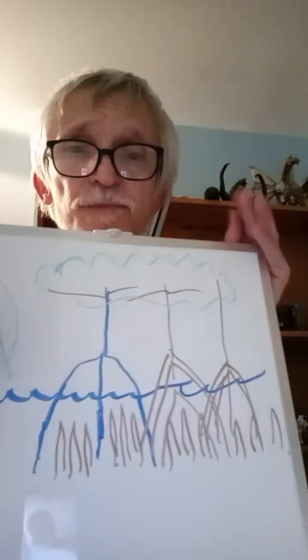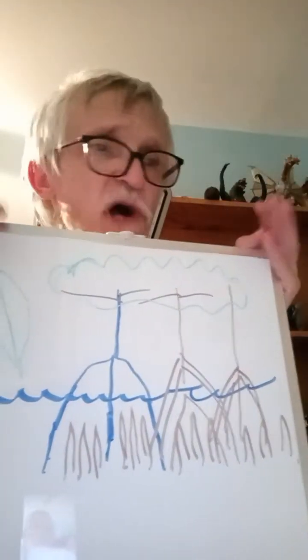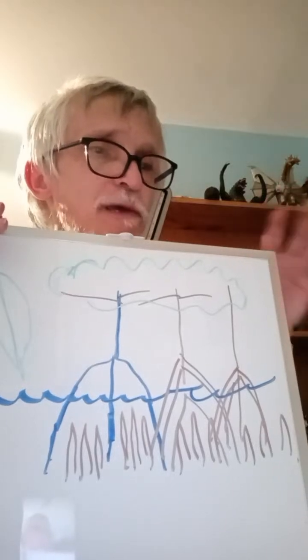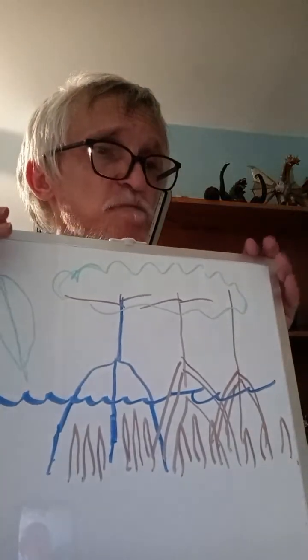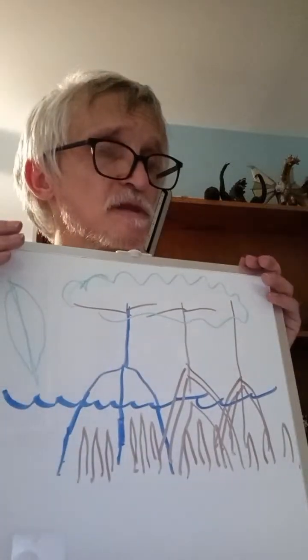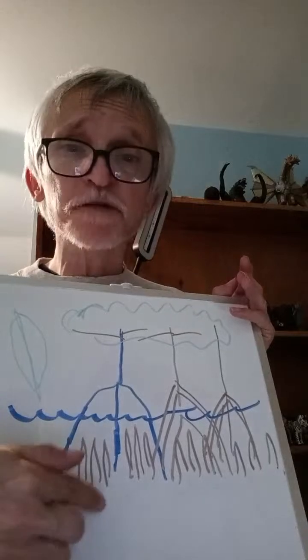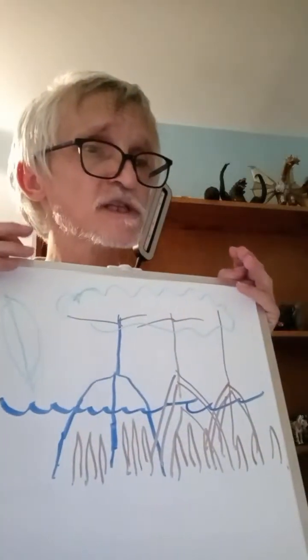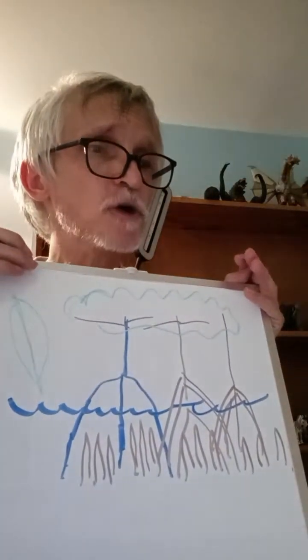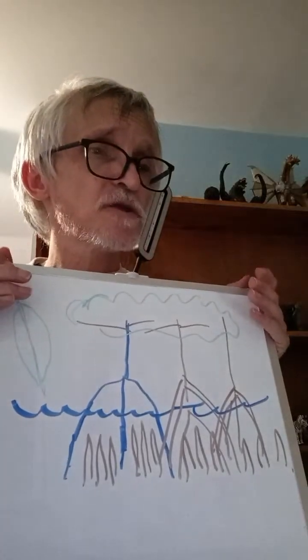So the roots are able to absorb oxygen even though they're completely submerged. They have these snorkels that I mentioned. These guys are called pneumatophores.